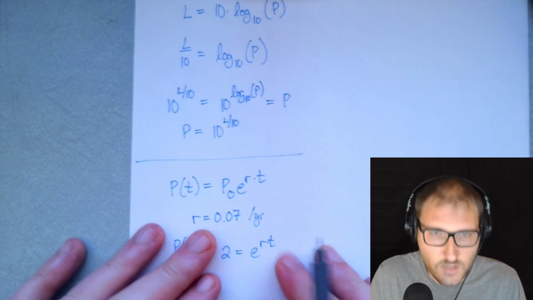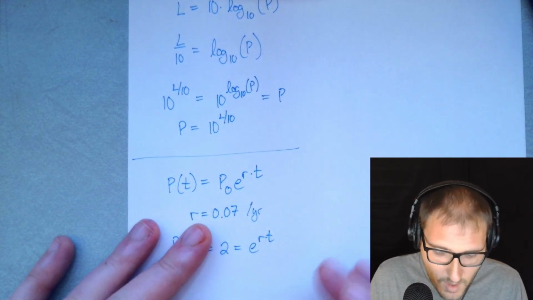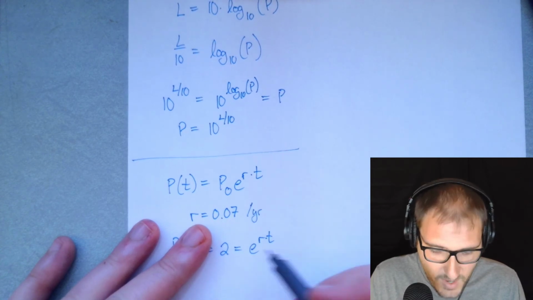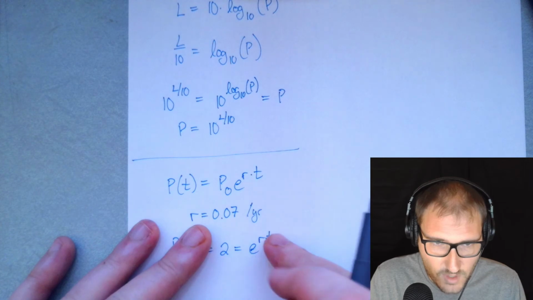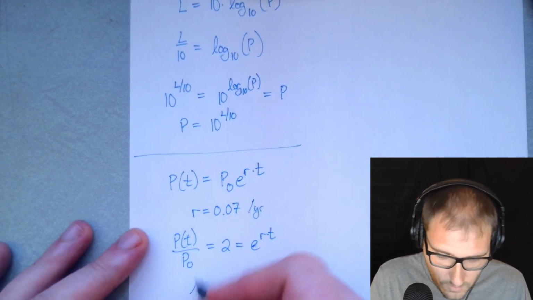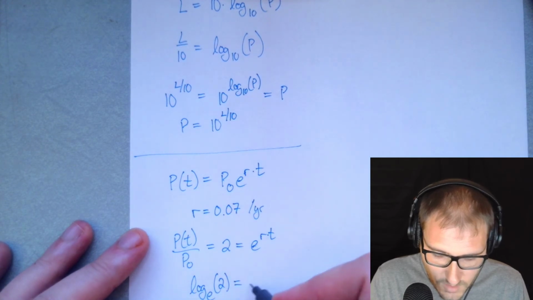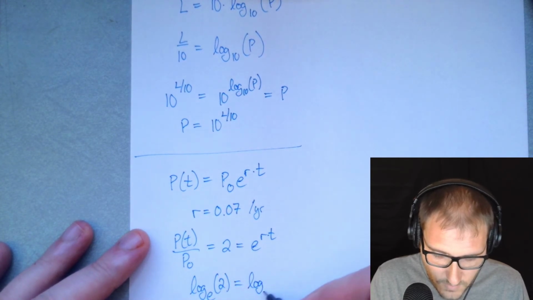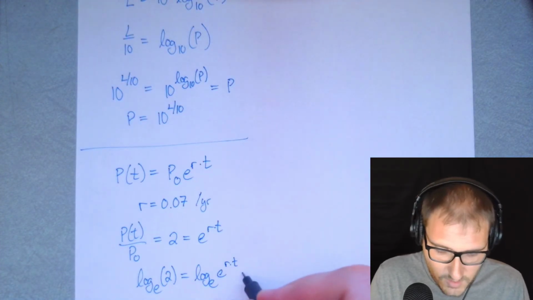So I take a logarithm of both sides of this equation, and I need to make the logarithm match the base. In this case, the e is the thing I want to get rid of. So I would do log base e of 2 is equal to log base e of e to the r times t, and these things cancel, so I just get r times t.